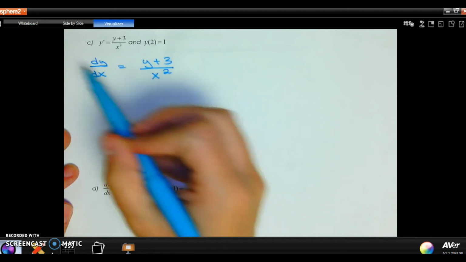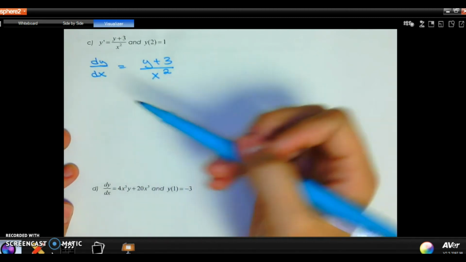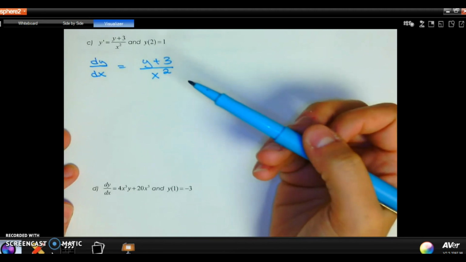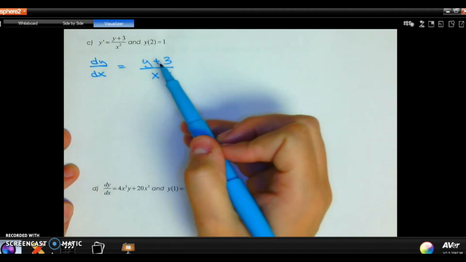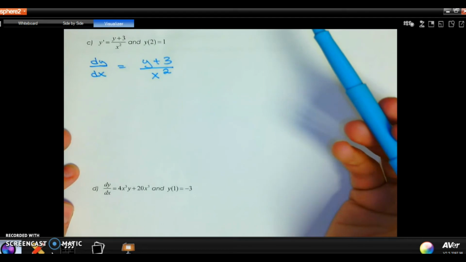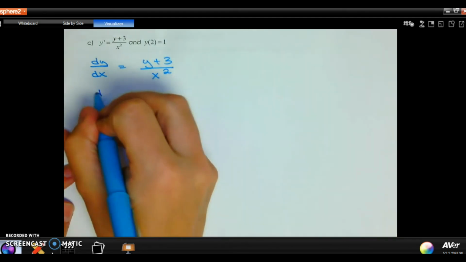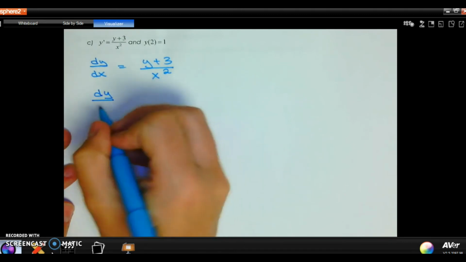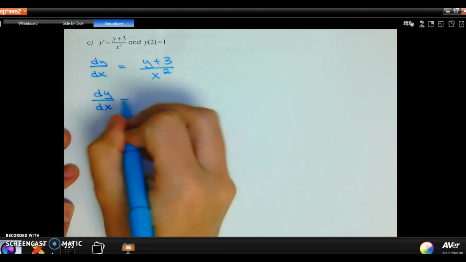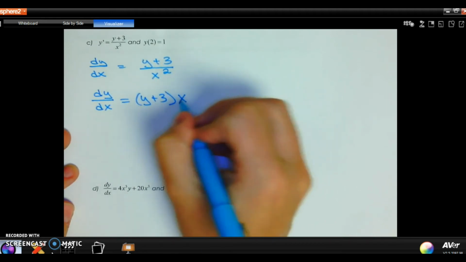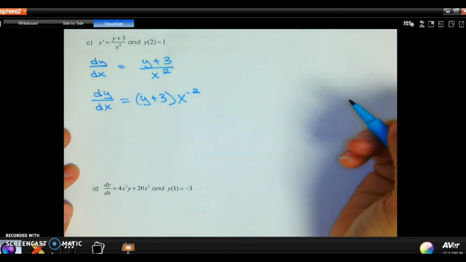And when I see fractions in an equal sign, usually my gut reaction is to cross multiply. So you may do that, but then you'd quickly realize that that is not actually going to separate your variables. What I would do first is probably rewrite it so that it was this and then this to the negative 2.